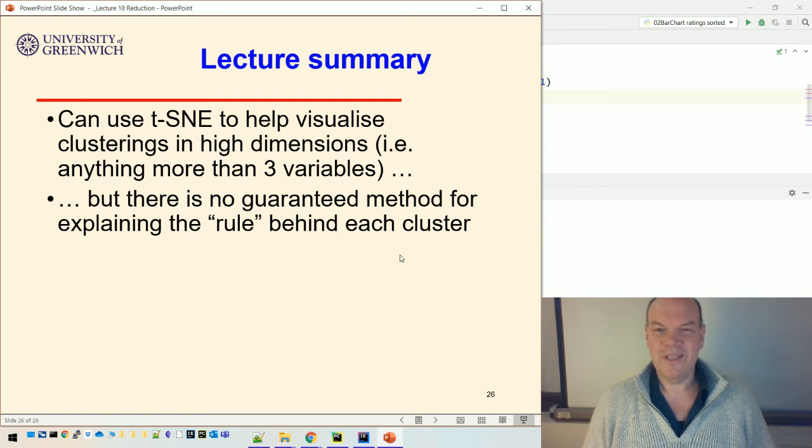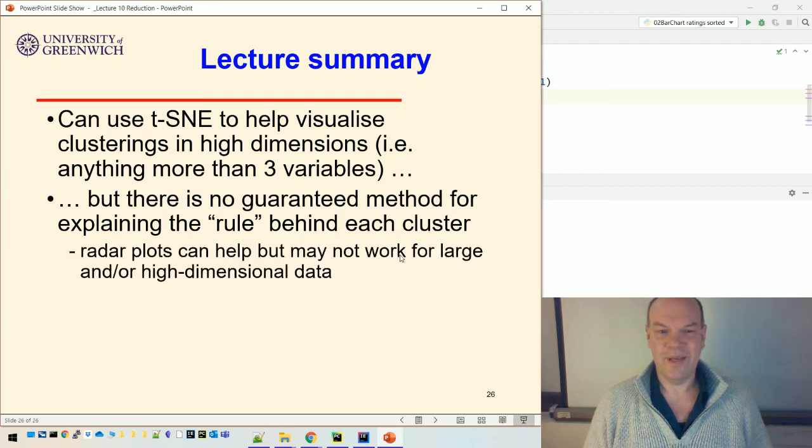But unfortunately, there's no guaranteed method for explaining the rule behind each cluster. Sometimes that's a bit of a detective story. Those overlaid radar plots can be really helpful, but may not work for very high dimensional data. You just end up with a complete mess. But it's worth a try.